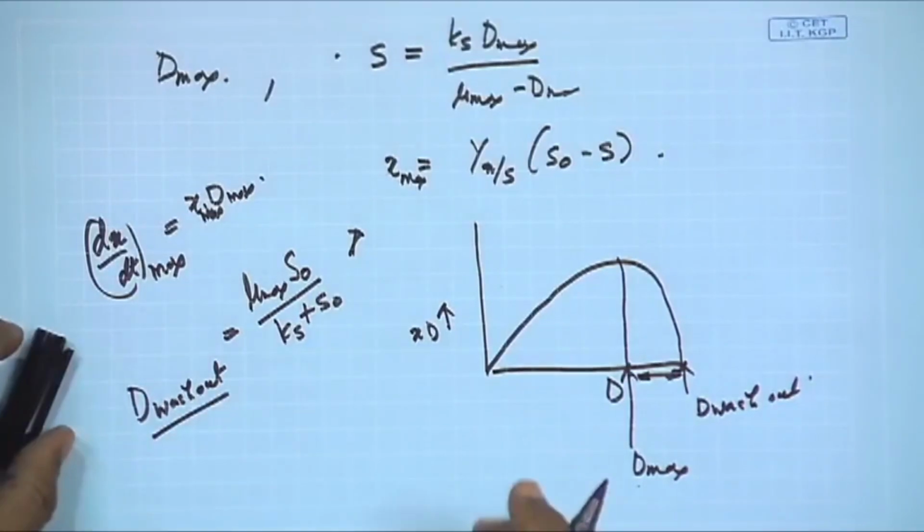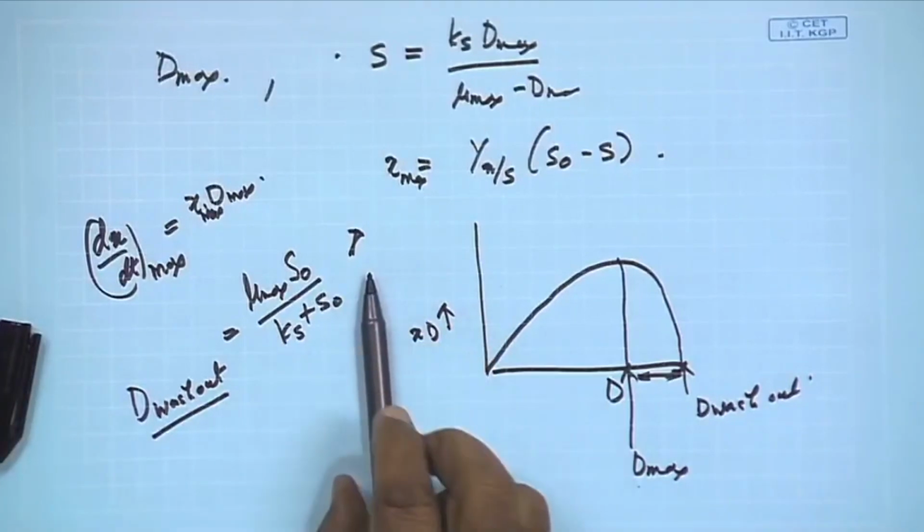One reason I can tell you is related to the generation time. What is the generation time? The time required for cell division. Now 1 by D is what? 1 by D is the hydraulic retention time. Hydraulic retention time is how long you allow the liquid to reside in the reactor. Now suppose the cell has some generation time.